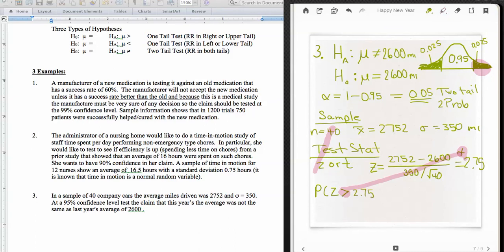Now, in order to do my p-value test to conclude this whole thing, I'm going to say that this is twice this probability so that I can then question if this is less than my alpha still. So whatever I get out of here, I'm going to do 2 times this probability and then ask if it's less than 0.05.